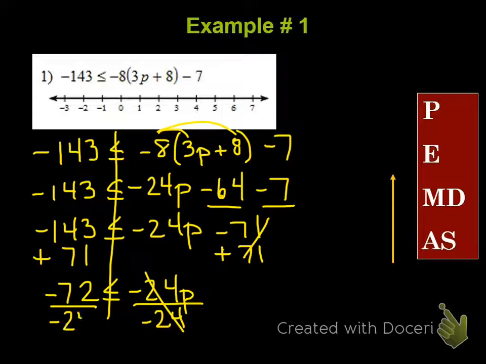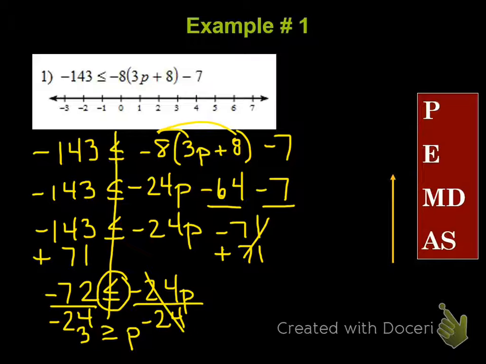Now when I divide by a negative, remember this symbol has to be switched around. So now I have negative 72 divided by negative 24, which is 3. So 3 is greater than or equal to p. Again, that symbol changed because I was dividing by a negative.